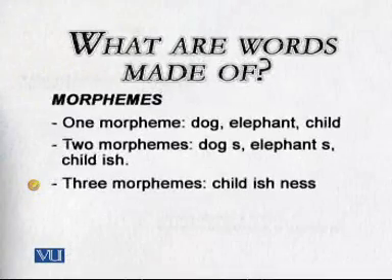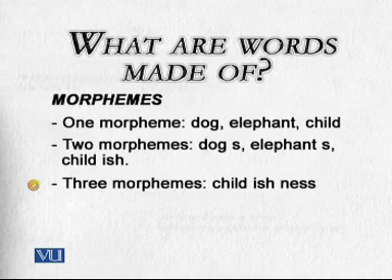One is child and then ish, this is the second morpheme put together, and the word is composed of two morphemes. We can change the same word into three morphemes also. For example, childishly. Now in this word, child is one morpheme, ish, which made the word childish, is the second morpheme, ly is the third morpheme.